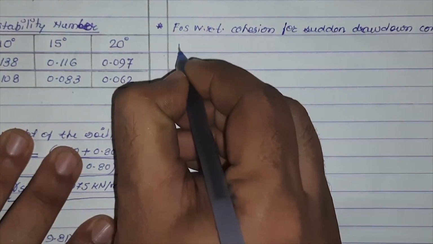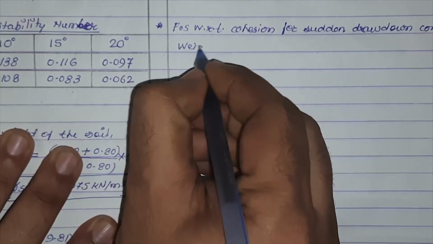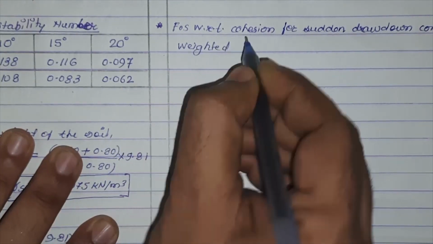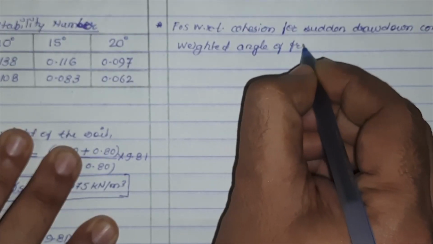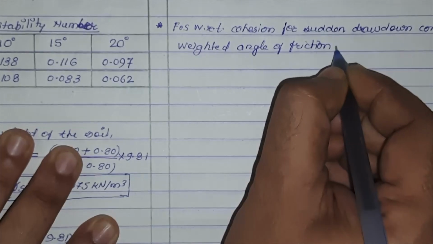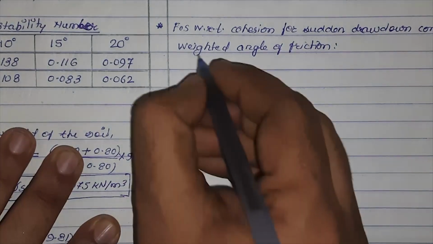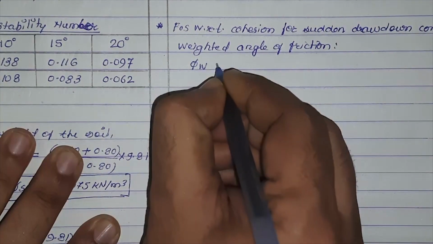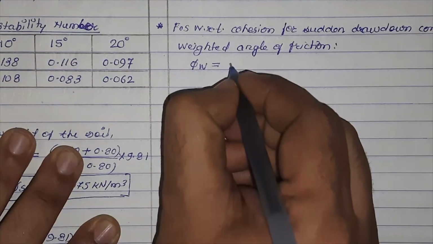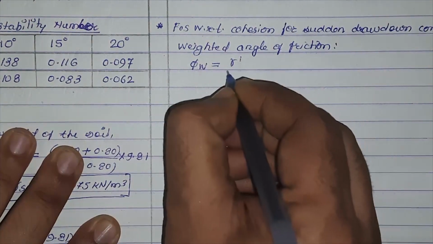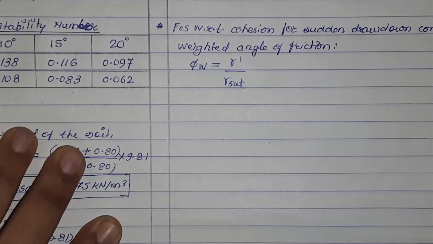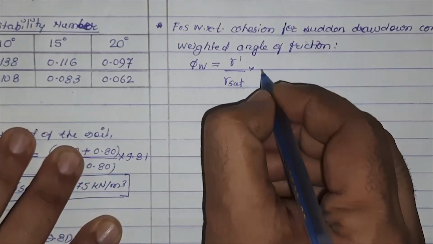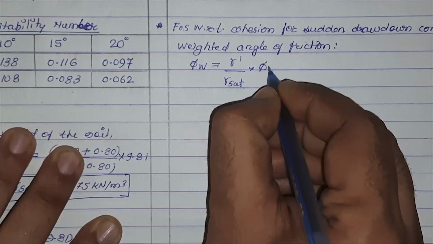We need to find out weighted angle of friction. It is calculated as phi w equals gamma dash divided by gamma saturated multiplied by phi m.